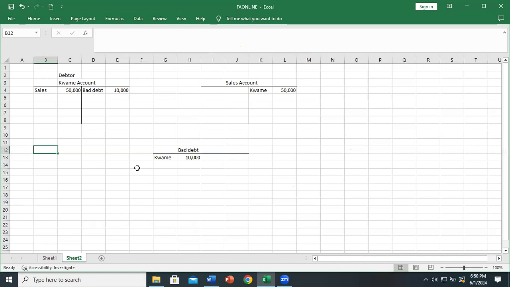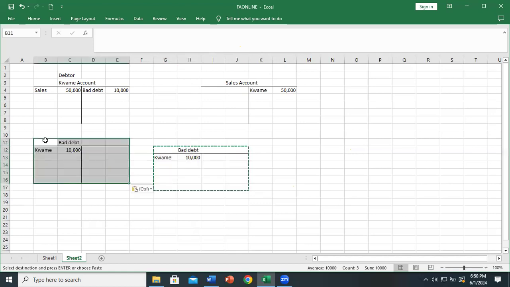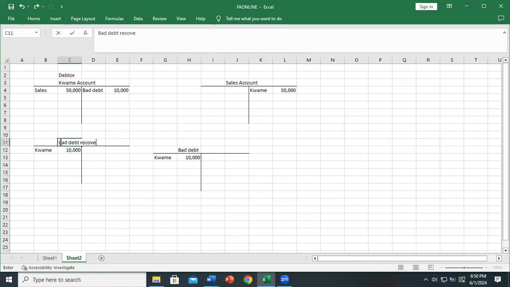Then the double entry is simple. You open another account called bad debt recovered account. So bad debt recovered. What entries do you pass? It's very simple. You debit the debtor with bad debt recovered.